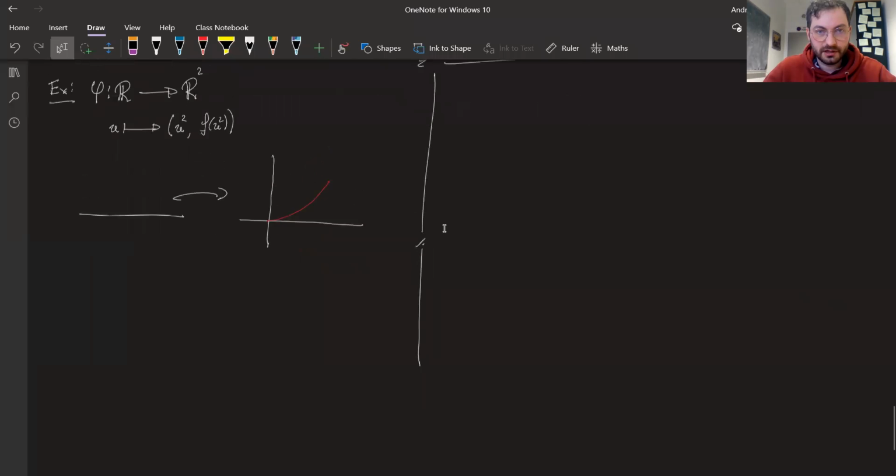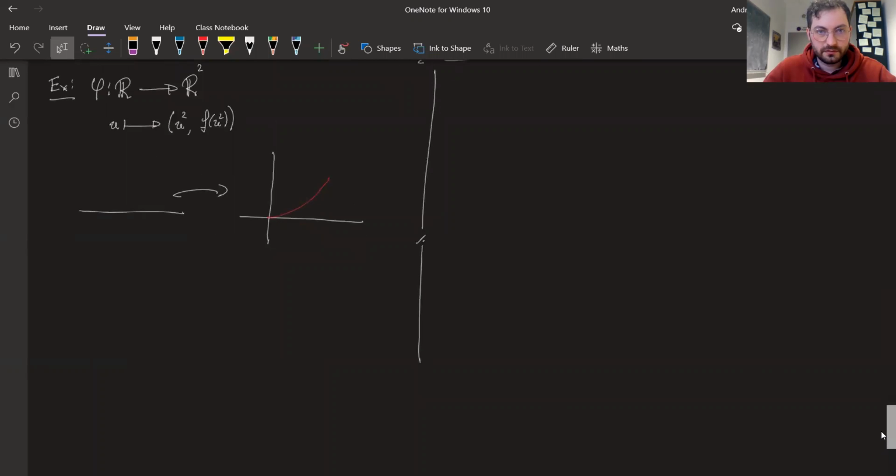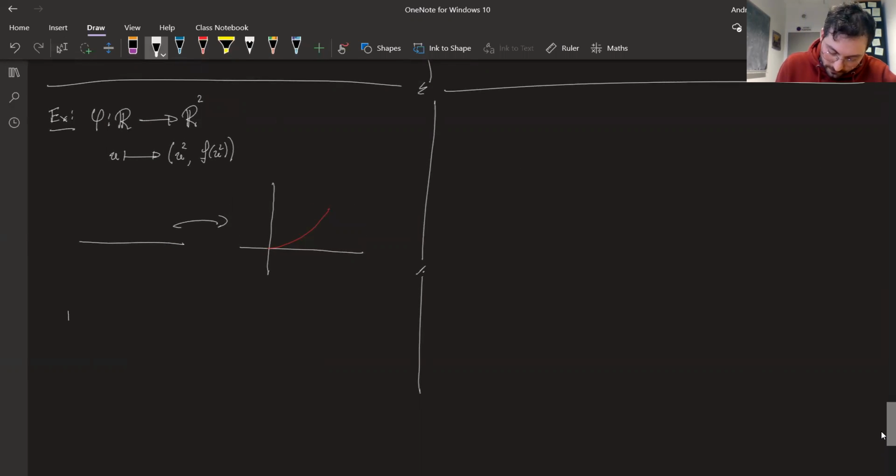The relation that you would like to have access to would be R of x and y equal to y minus f of x, right? But this is only defined in [0,1] times R.